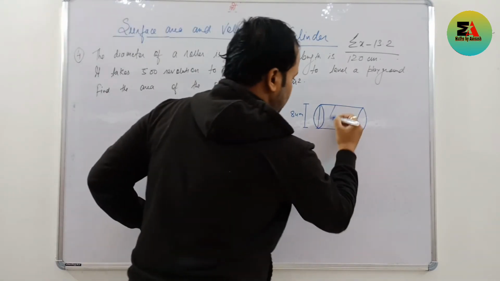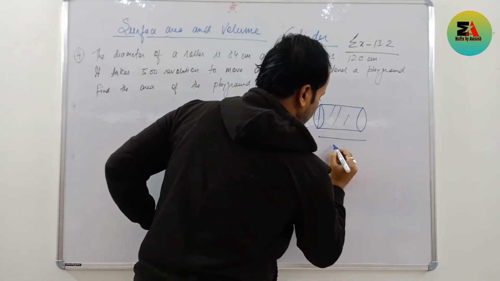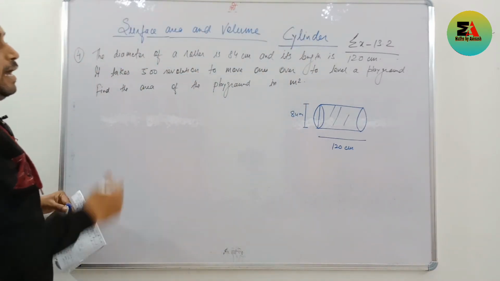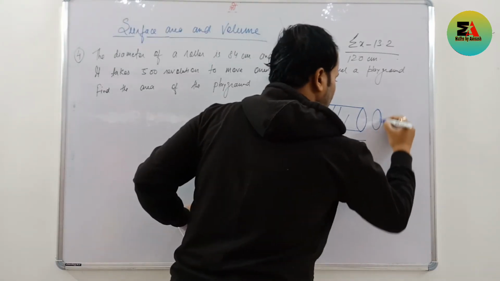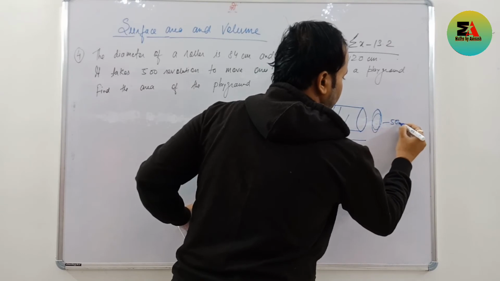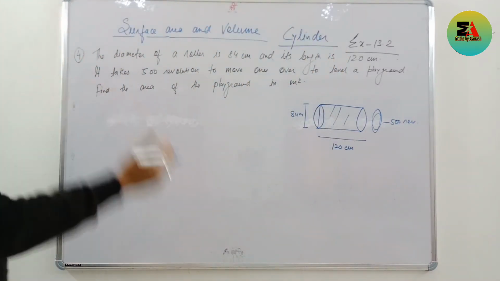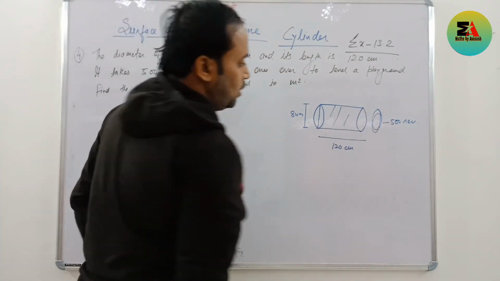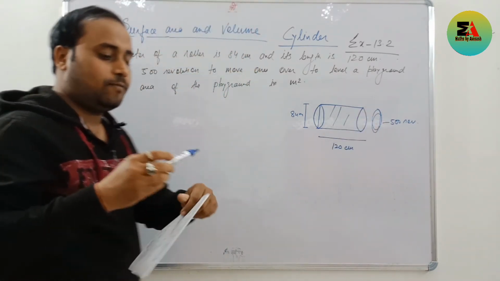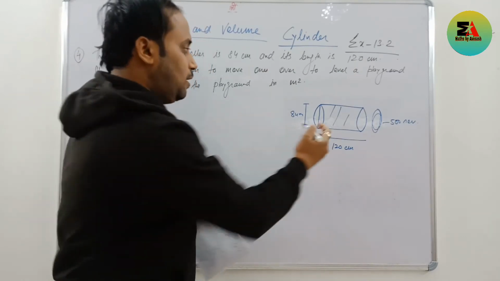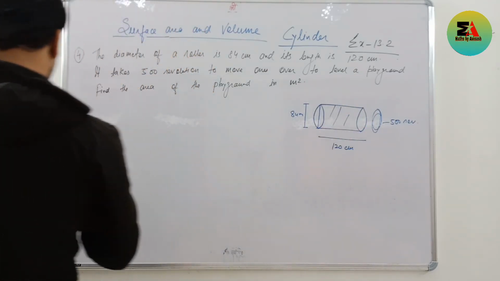The length of the road roller is given as 120 centimeter. And it revolves 500 revolutions. We have to calculate how much area it covered in 500 revolutions. If the road roller revolves, it means only the curved surface area revolves.